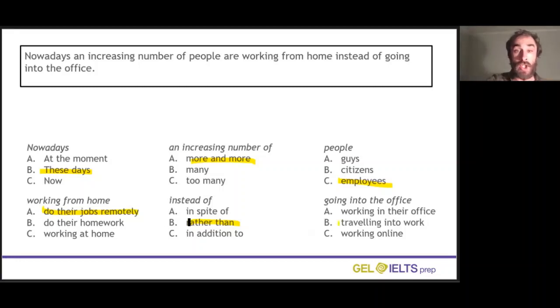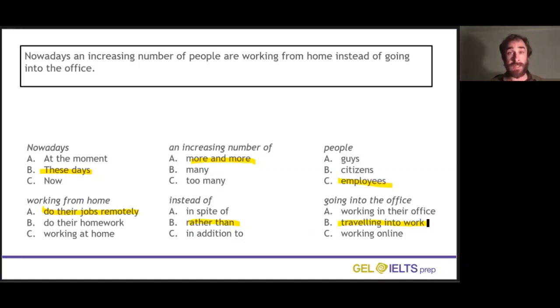Here, B, travelling into work is a good synonym for going into the office. Working in their office is not exactly the same because you could have an office in your own house, so an office there meaning a room where you work, and C, working online, well, that's the opposite. If you're working from home, then you're probably working online.